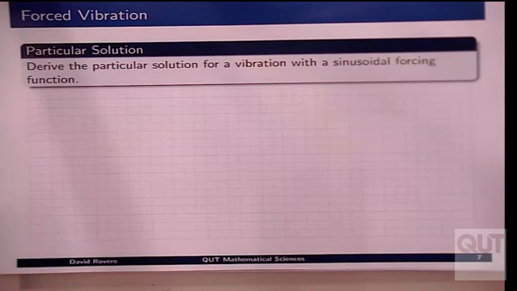So, derive the particular solution for a vibration with the sinusoidal forcing function. We want to get the same answers as we saw in the previous slide.